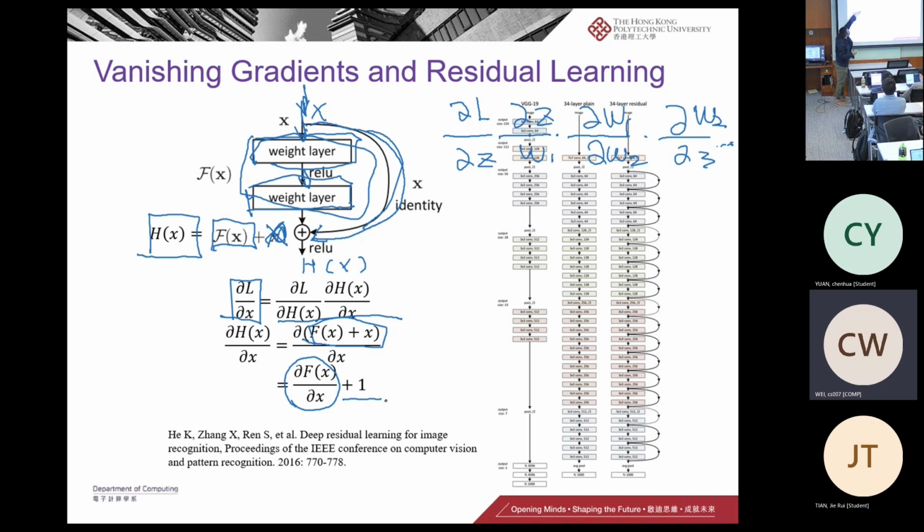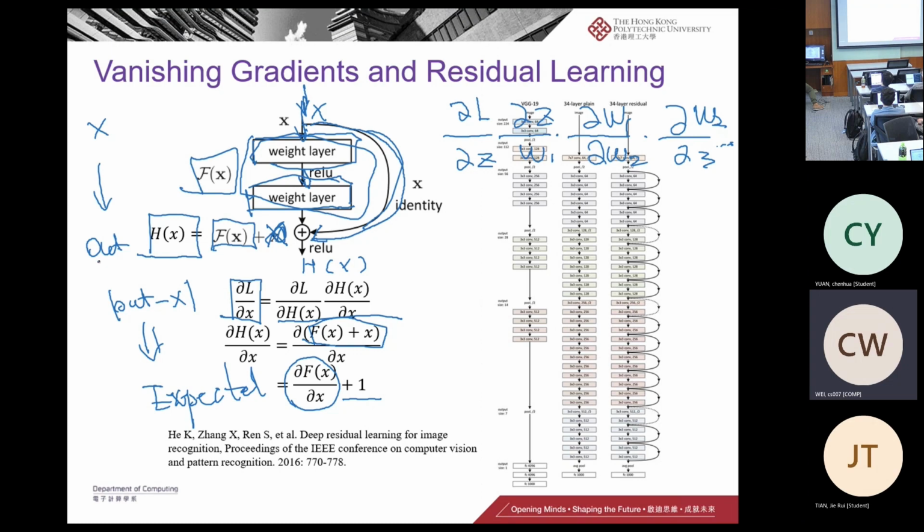So what have we learned here by F(x)? If we don't have the shortcut, it's just a mapping of x to some outputs, right? By adding the x, we are learning the difference between the outputs in relation to the expected outputs, rather than learning the expected outputs directly.